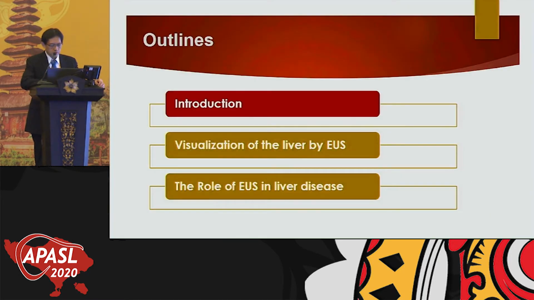So I just make 3 outlines: the introduction, the visualization of the liver by EUS, endoscopic ultrasound, and of course the role of EUS in liver disease.